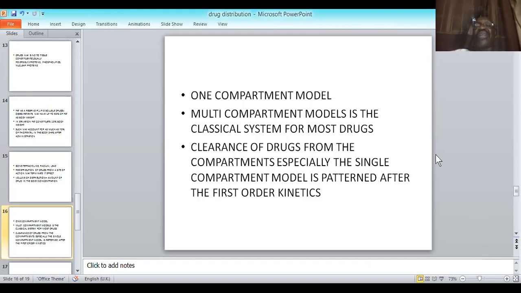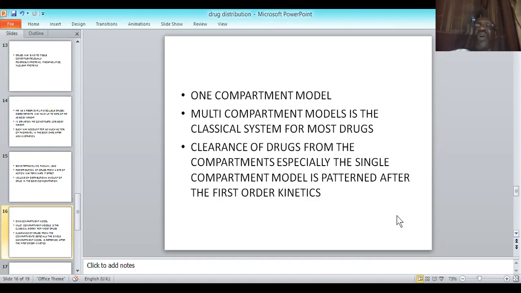What we usually have is multi-compartment model. And clearance of drugs from the compartments, especially the single compartment model, is patterned after first order kinetics.